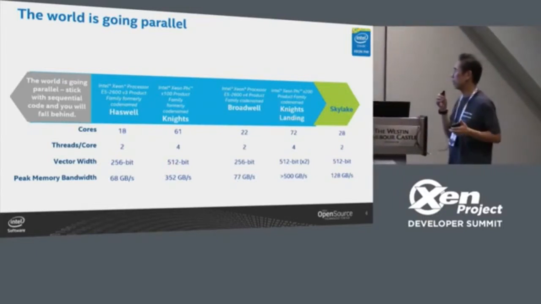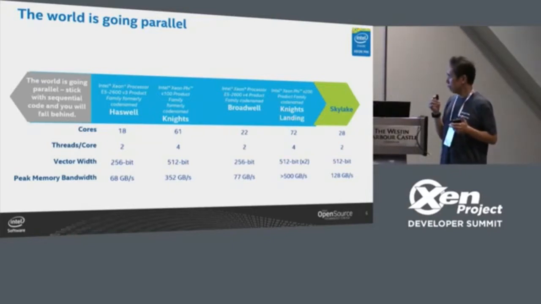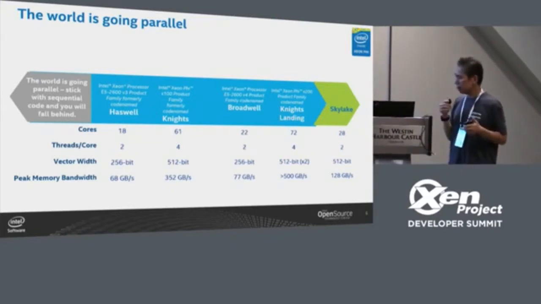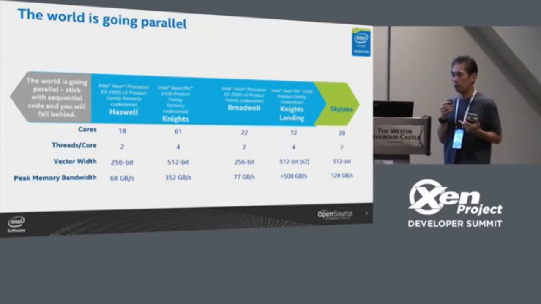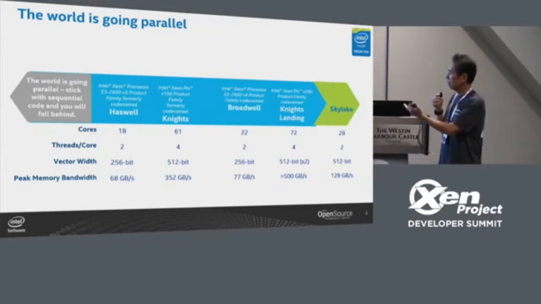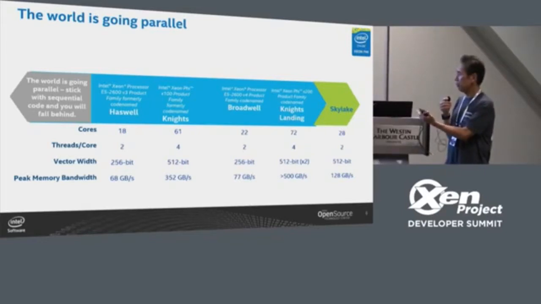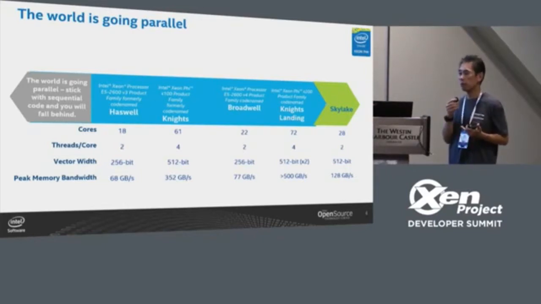So let's take a look. For high performance computing, the key factors are the number of cores, the number of threads per core, vector width, and peak memory bandwidth.